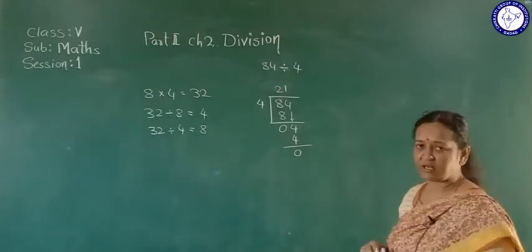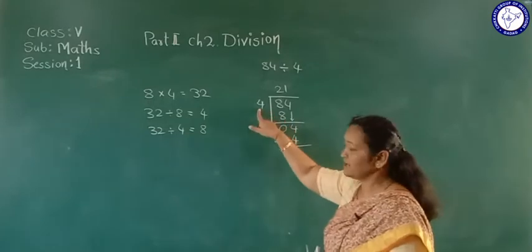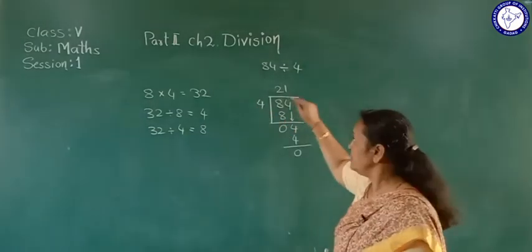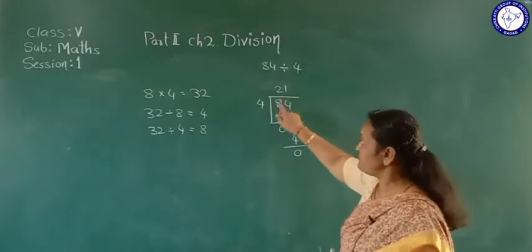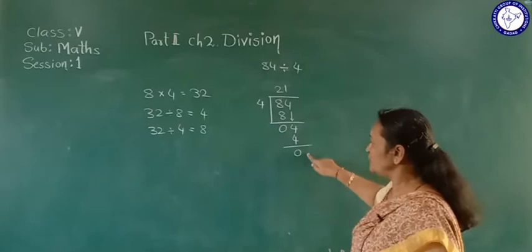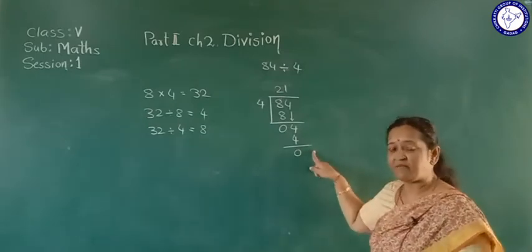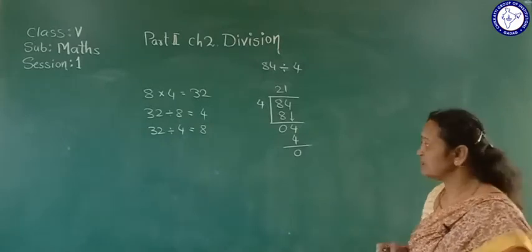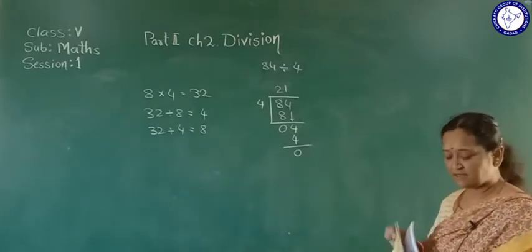So here totally 4 different numbers we are getting. One, the number by which we are dividing. Second, the number we are dividing. Then after division, one answer we are getting. And the fourth number, last. Sometimes we get 0, sometimes we get some different numbers. So we have some different names for these numbers.